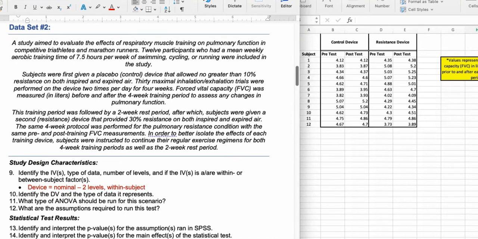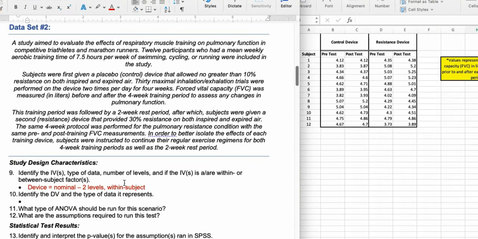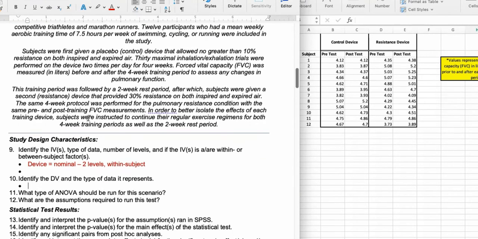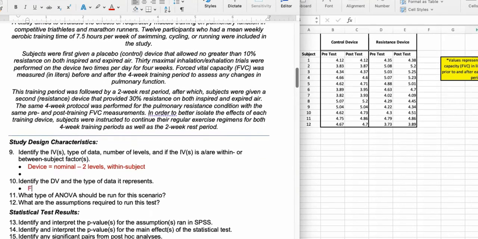Okay, so they've been used for the same condition. Sylvia has skipped to this other question, for the dependent variable. Nope, you're good. Dependent variable would be the forced vital capacity, which is considered ratio data.